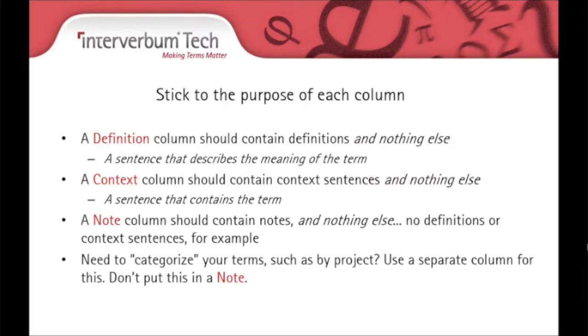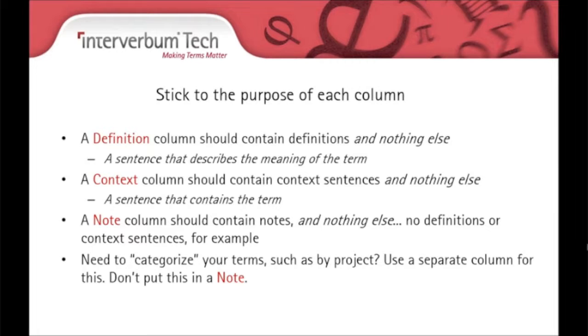Okay. Now this is where we get into the data granularity I mentioned on one of my first slides, where the challenges are of using spreadsheets. Data granularity refers to the rule to just basically stick to the purpose of each column, and don't put stuff in columns where they don't belong. So if you have a column for definitions, then it should include definitions and nothing else.